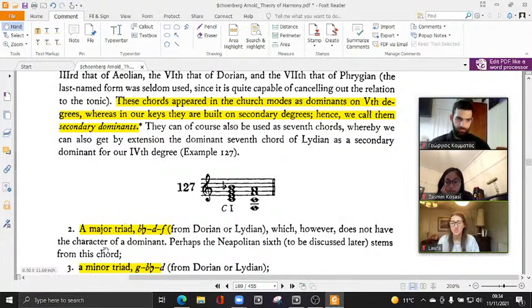A major triad, yes. They can of course also be used as 7th chords, whereby one can also get, by extension, the dominant 7th of Lydian as a secondary dominant for a 4th degree.